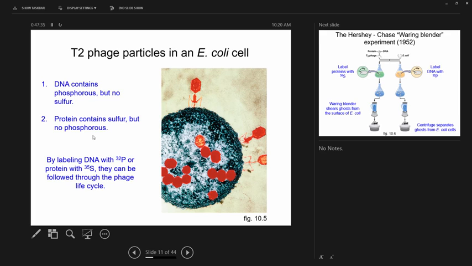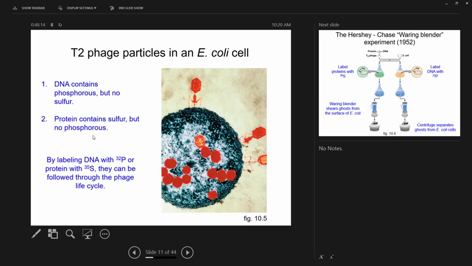All right. As we'll see, DNA contains phosphorus because every one of these sugars is joined by a phosphate. So the purple atoms here on the DNA model are all phosphorus. So DNA contains phosphorus, but the backbone and the bases contain no sulfur. Some amino acids contain sulfur, but no amino acid side chains, nor the backbone of protein, contain phosphorus.